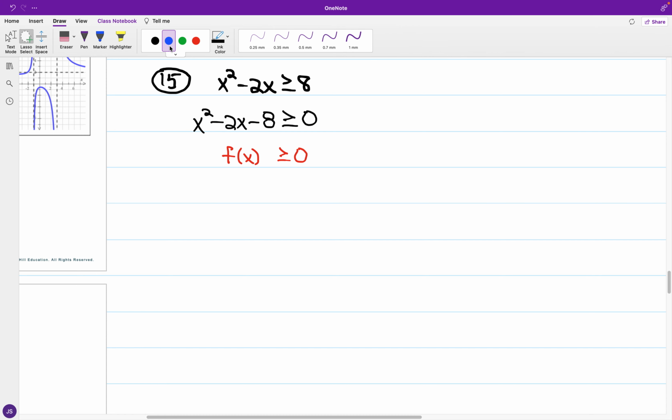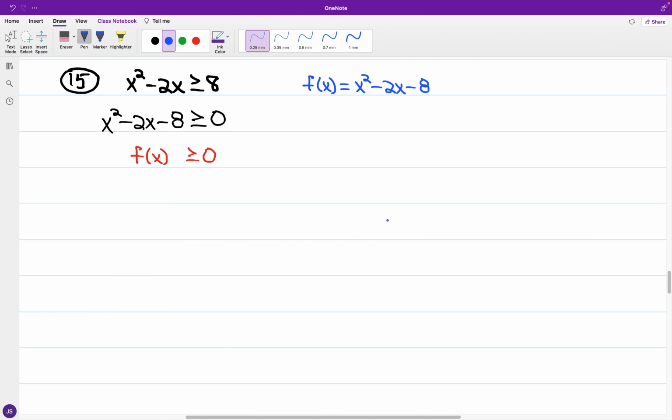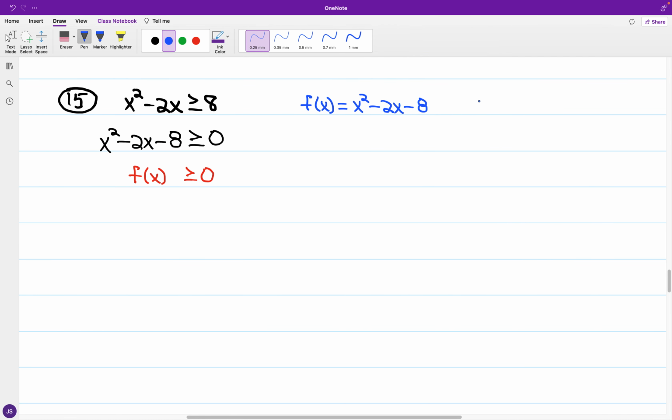Okay, and looking at what we have for f of x, we have x squared minus 2x minus 8. So this would be the function we'll be working around in the table setup, and also looking for the zeros.